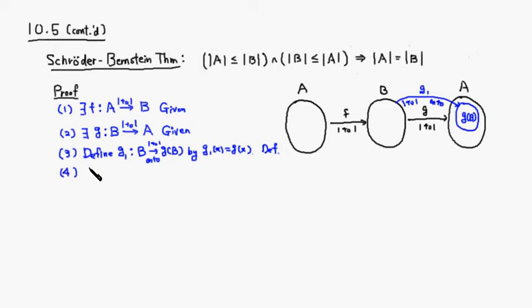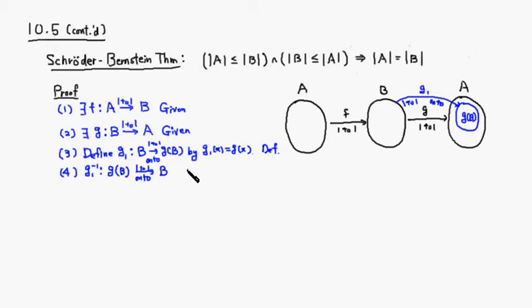So its inverse function, g1 inverse, is going to be a bijection from g of B back to B. We know that the inverse of a bijection is also a bijection, so it's one-to-one and onto.